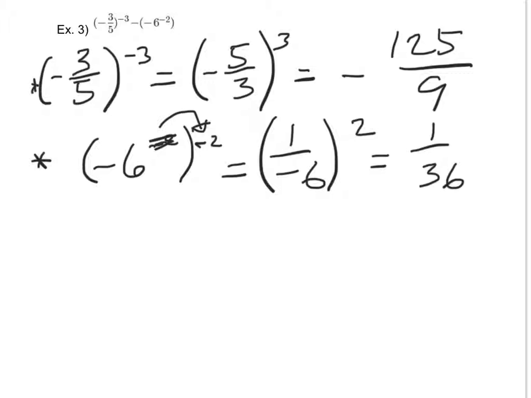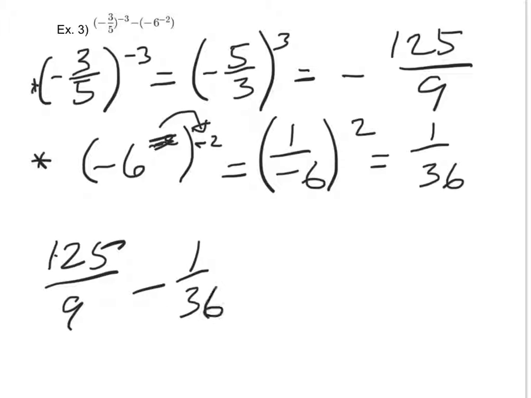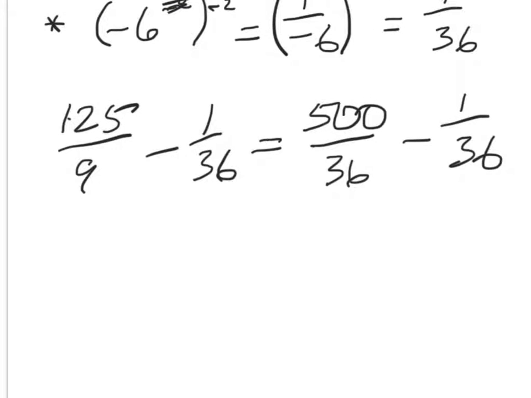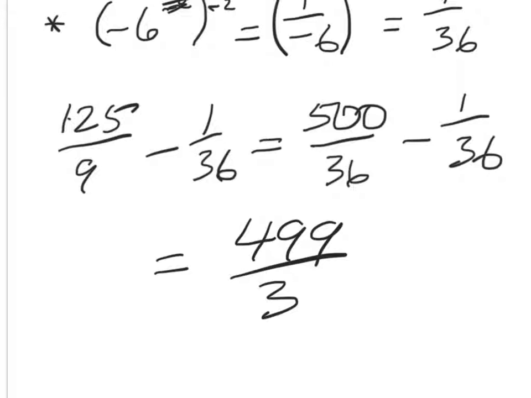Okay, and then you're going to subtract. So you get 125 over 9 minus 1 over 36. That's equal to 500 over 36 minus 1 over 36, which works out to be 499 over 36.